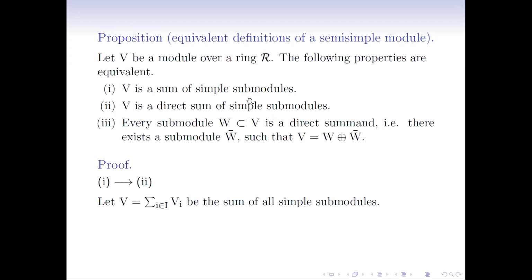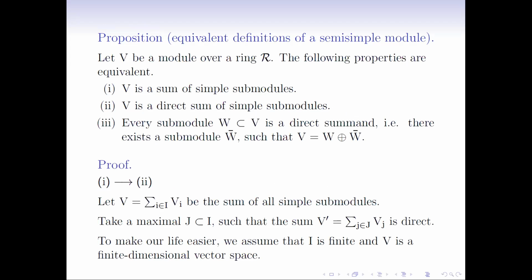So whenever we have a sum of simple submodules, we can choose a subset of indices such that V is a direct sum of simple submodules. And this follows from the simplicity of submodules. And we should use either Zorn's lemma or the property of being finite dimensional.